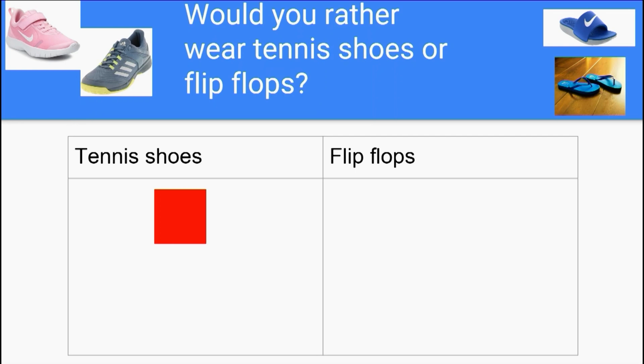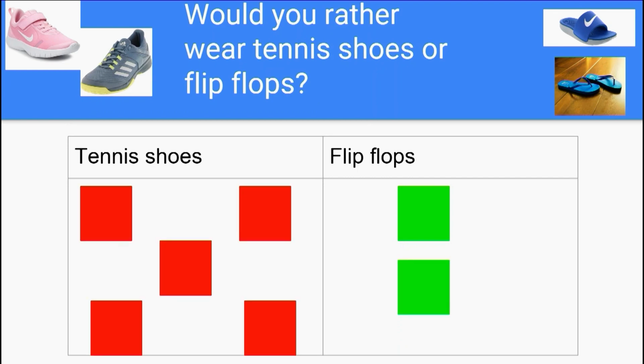Now I'm going to ask you to ask your family members what they would rather wear, a tennis shoe or flip-flop. Take a moment to notice the data you have collected.